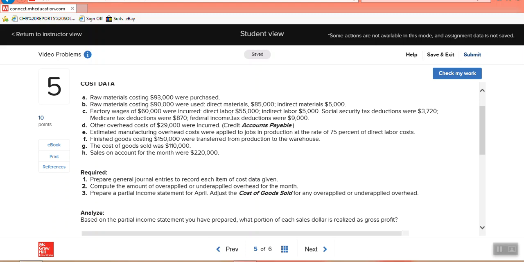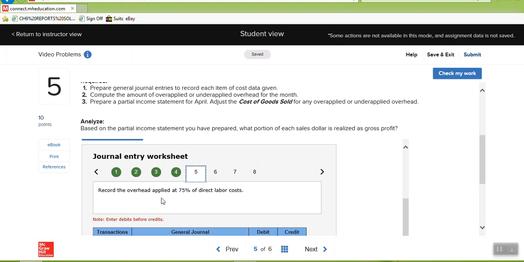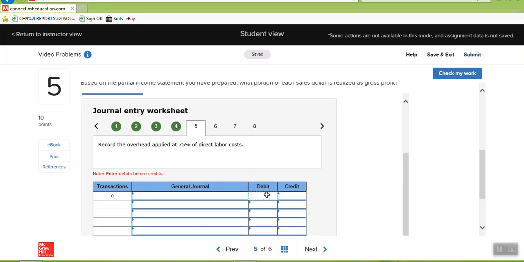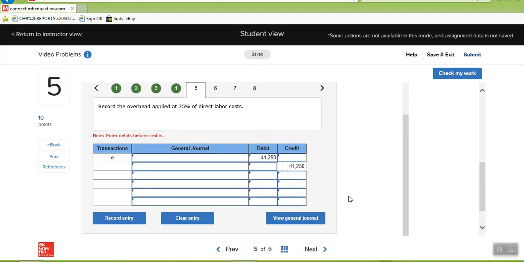If we had direct labor cost of $55,000, and we're applying overhead at 75% of that, we're going to take the direct labor of $55,000 and multiply that by 75%, and that's going to tell us how much of that overhead we are applying. If you do that calculation, it comes up to $41,250.